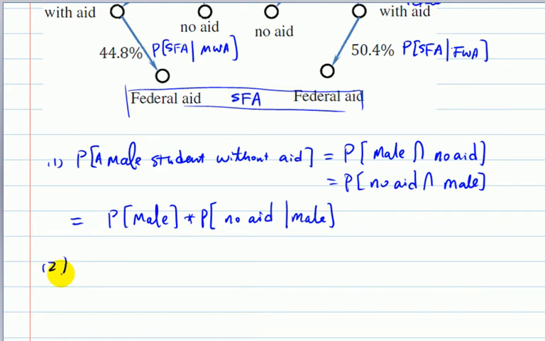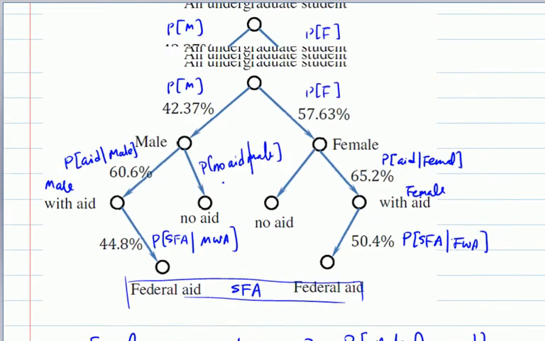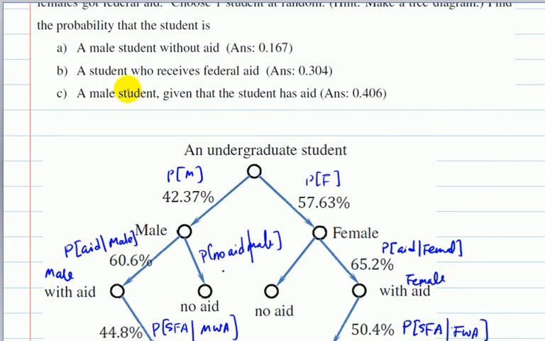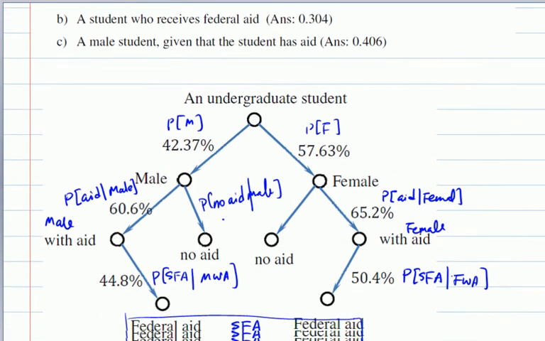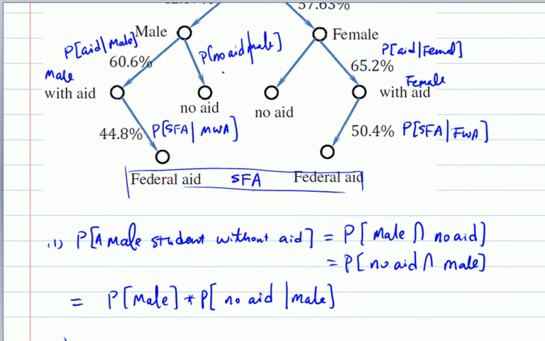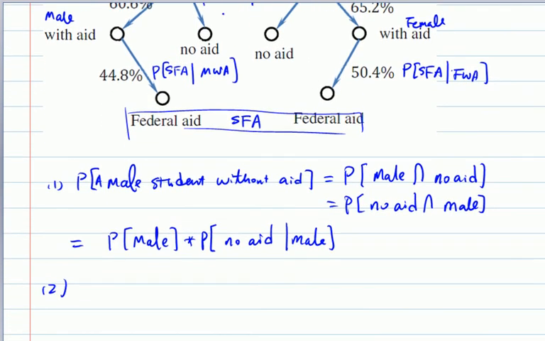Now, second question: what's the probability of a student who receives federal aid? Where's the probability of a student receiving federal aid? Over here, these two locations. Altogether, that's where a student gets federal aid.